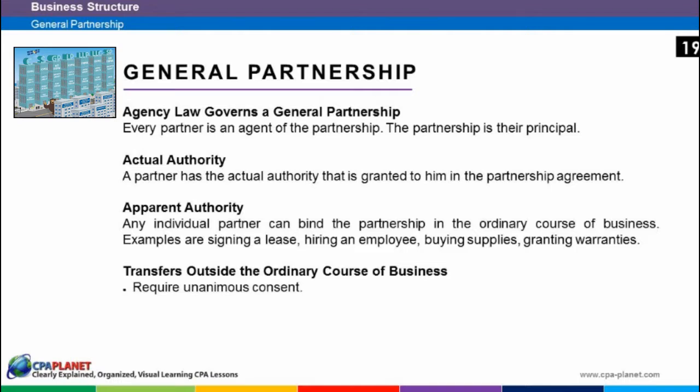If your supplier walks into your partnership office and one of your partners is there, and you guys have a written agreement that says, hey, Bobby's not allowed to buy supplies because he doesn't know what he's doing. But Bobby's sitting there, and the supplier comes in, and Bobby says, hey, I'm going to buy $1 million worth of your party balloons. Bobby has apparent authority, so that binds the partnership in that contract.